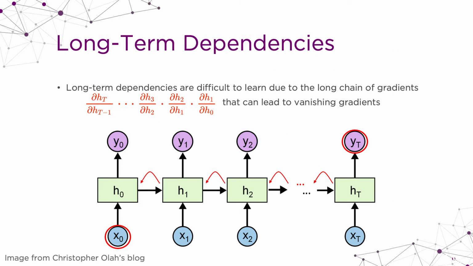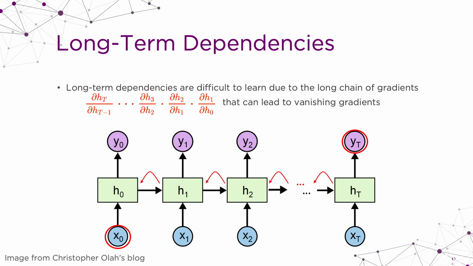But we saw that in doing this backpropagation, we may have problems if we have many, many elements in the sequence. And this was mainly due to the fact that in order to backpropagate in the past, I need to pass through all these internal states.